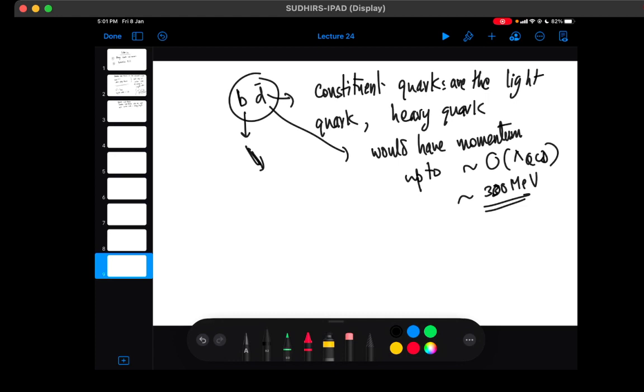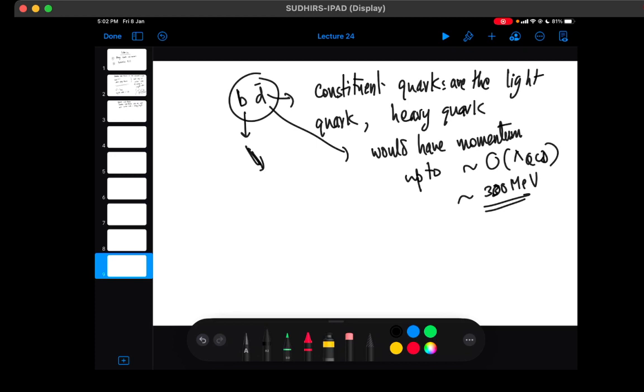So the heavy quark is almost on shell essentially, almost non-relativistic.